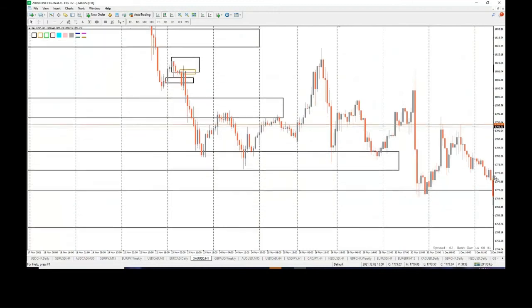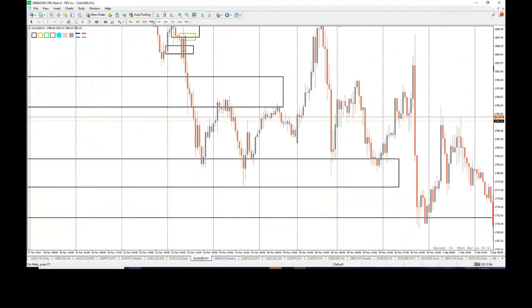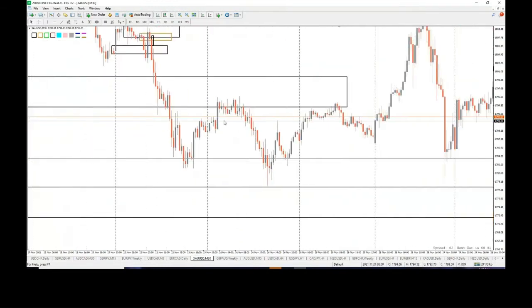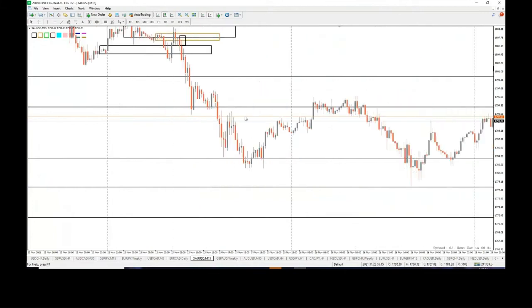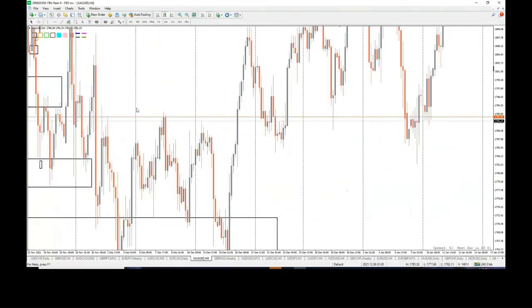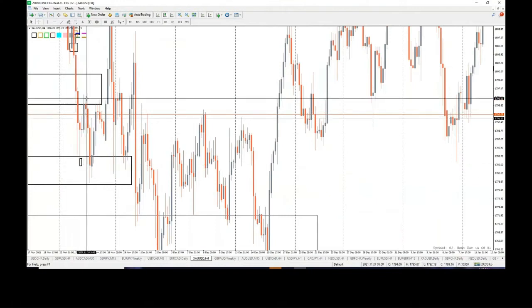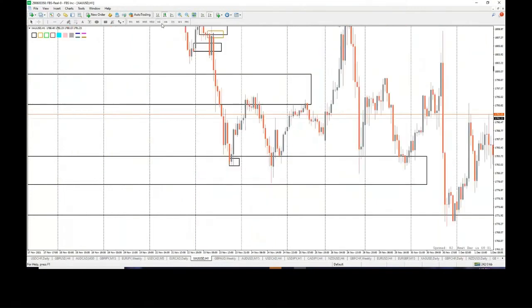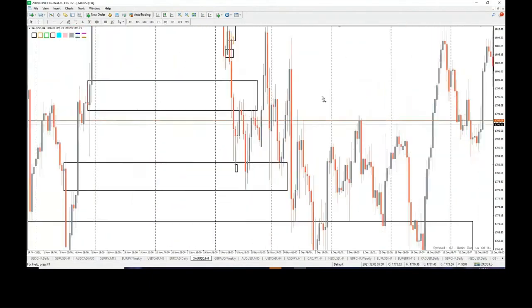We wait for M30, but at this time M30 doesn't give any confirmation. But in M15 there's a confirmation to buy. So we can buy until the next H4 zone, because when the price comes here, it makes a confirmation for sell.